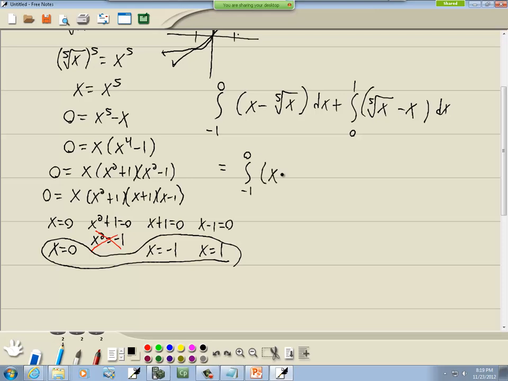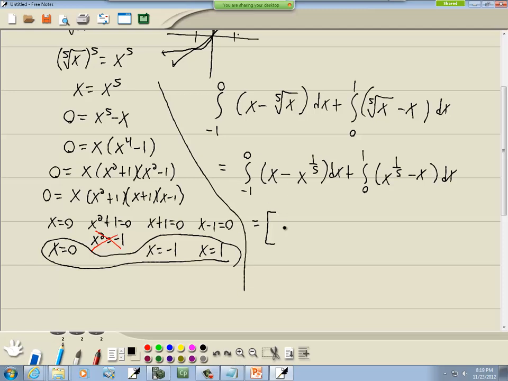Well, I'm going to rewrite this as x to the 1/5 power dx, and this one will be x to the 1/5 minus x dx. Now we'll add 1 to our power, divide by our new power, so that gives us 1/2 x squared minus x to the 1/5 plus 1 divided by 1/5 plus 1.